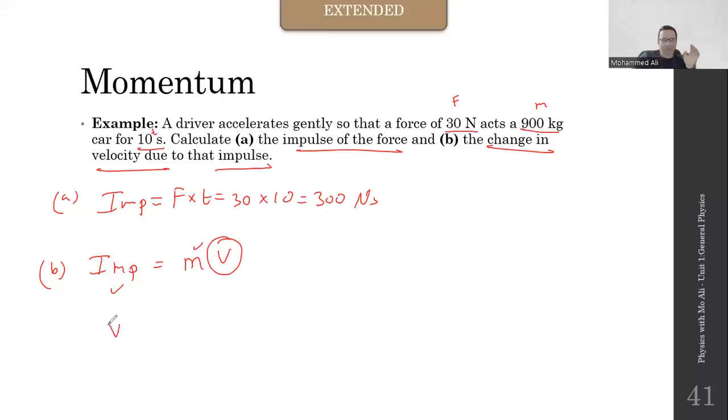That's what I want. So the velocity is the impulse divided by mass, which is 300 divided by 900. This will give you a recurring value of 0.33333333. So 0.333 meters per second. Good.